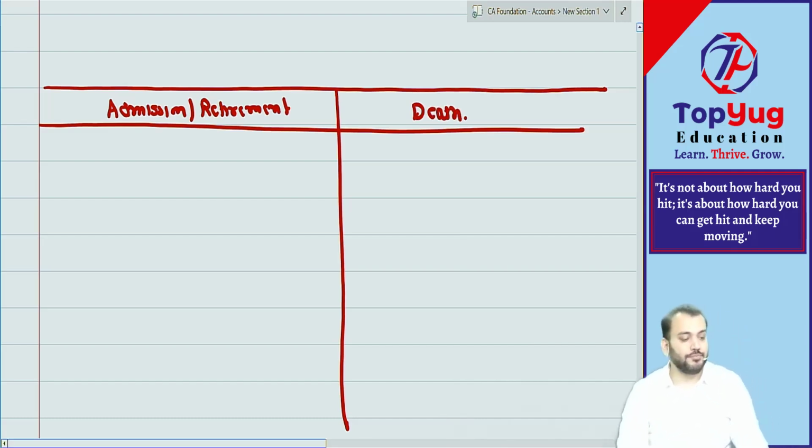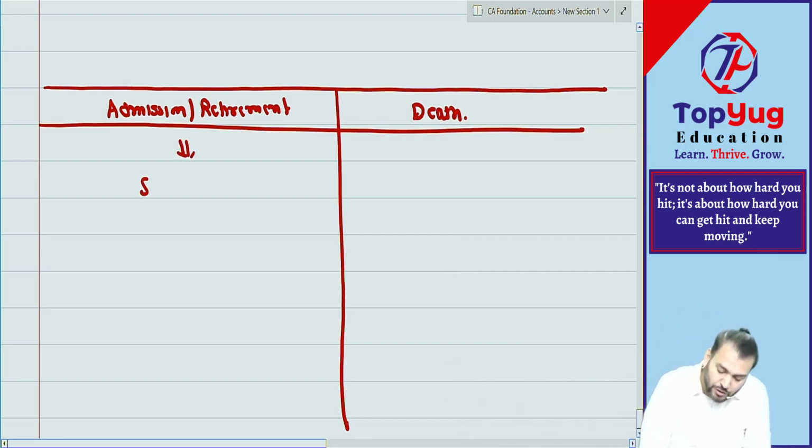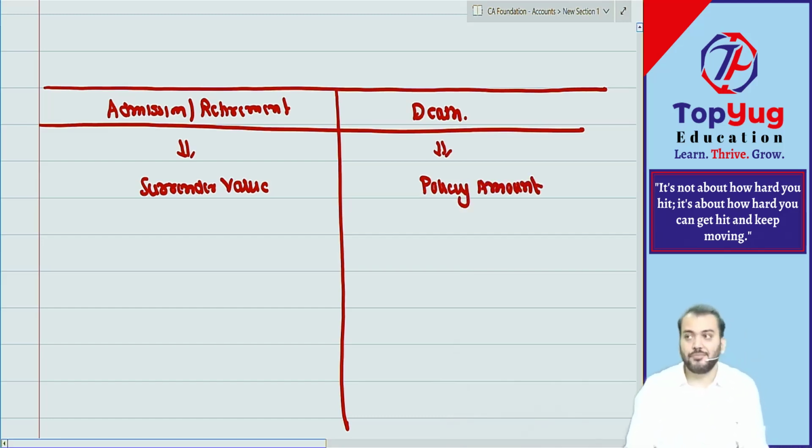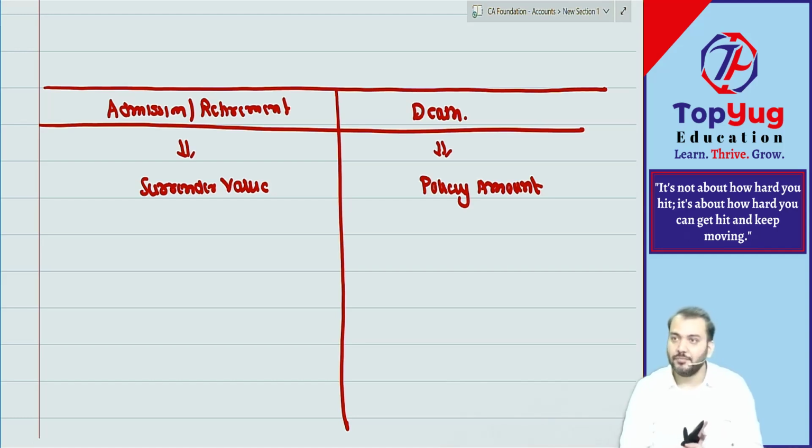Can I say whenever admission, retirement, we should focus on which value? Surrender value. Correct. Whenever death, we should focus on which value? Policy amount. It might happen to confuse you. They have given both amounts. It might happen. First point, this you have understood.